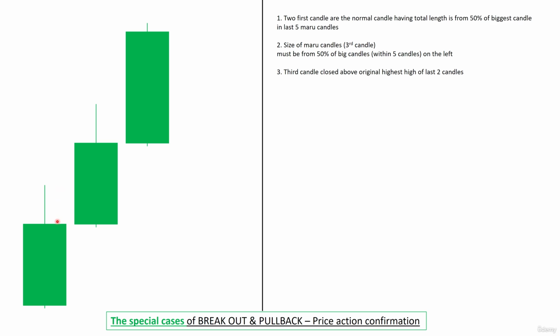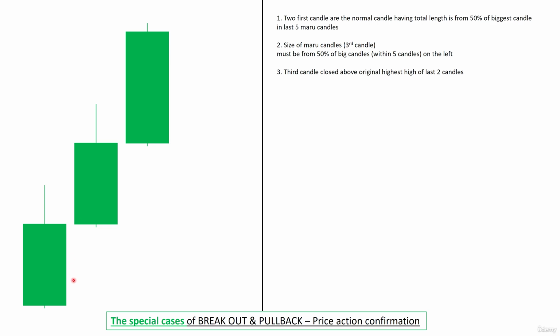You can see the tail on the top is pretty strong for the first two candles here, right? But the third candle here is a marubozu candle that closes very strongly above the original highest high of the first two candles. It means that at the third candle, all the selling pressure right here is absorbed completely, and after the three candles there is only strong buying pressure.